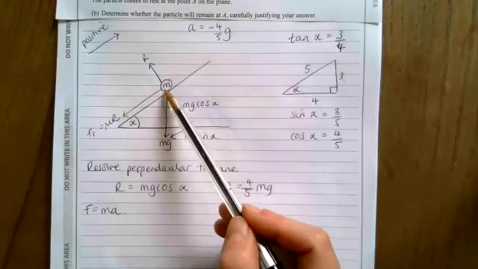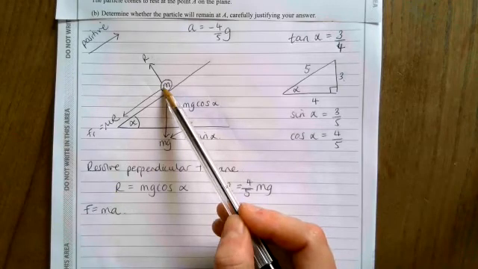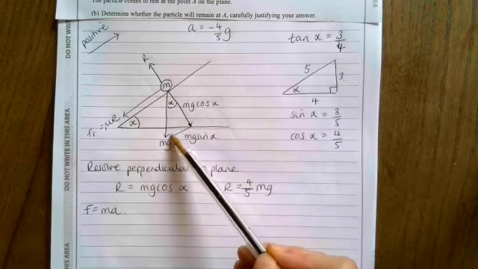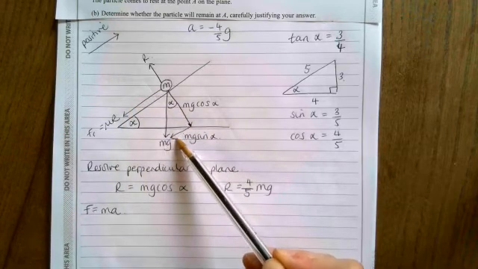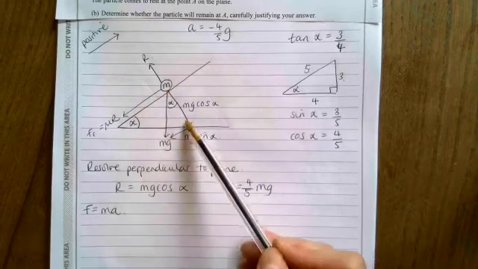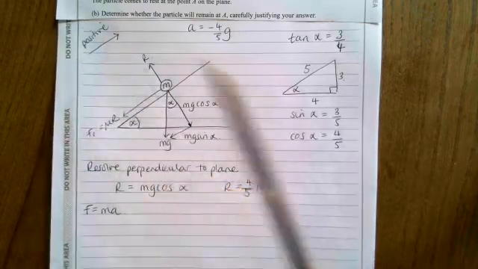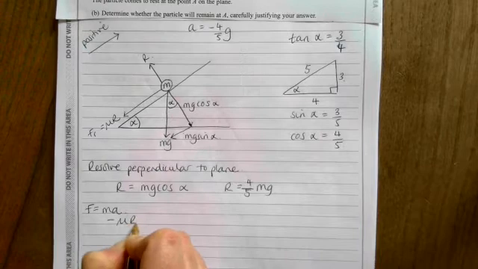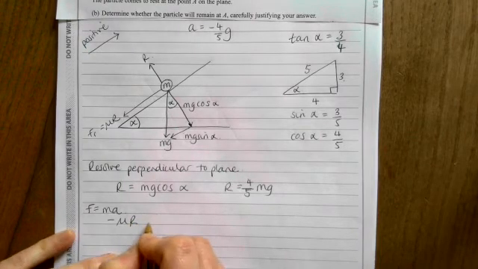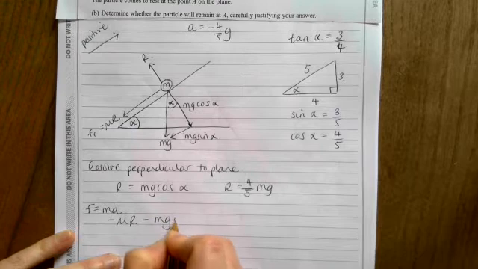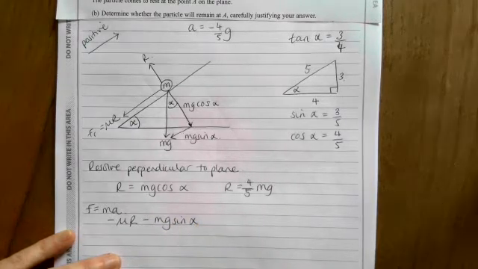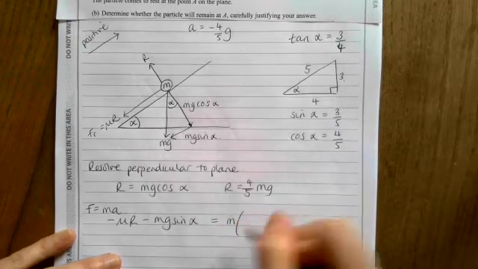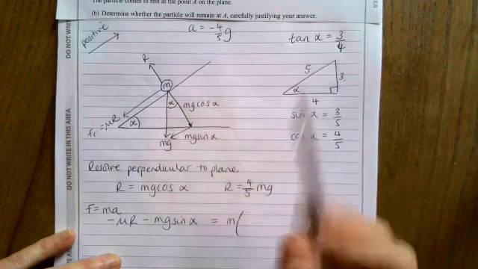The only forces parallel to the plane that I've got are this one acting down here, mu R, and this one acting down here, mg sine alpha. They're going to be negative because they're in the opposite direction. So my resultant force is negative mu R, take away mg sine alpha, and that's equal to the mass, which is m, times the acceleration, which is negative 4/5 g.